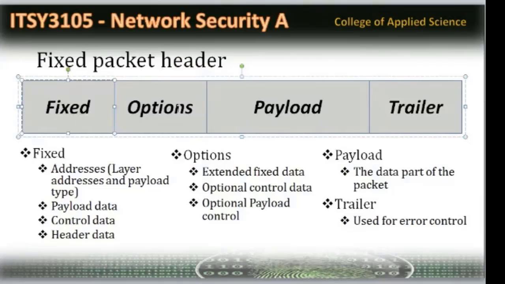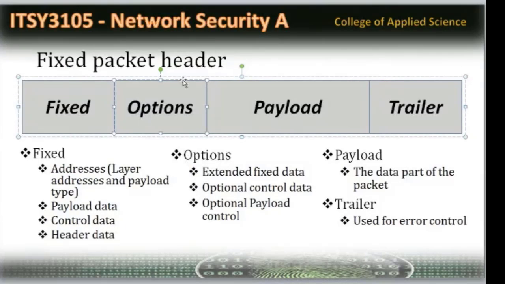In the header there will be a few options, but fixed means this is compulsory, you have to enter it. Actually, we are not going to enter it. Automatically your system will create it and fill everything in this particular header. But the payload is coming from the previous layer, and options you may or may not include.